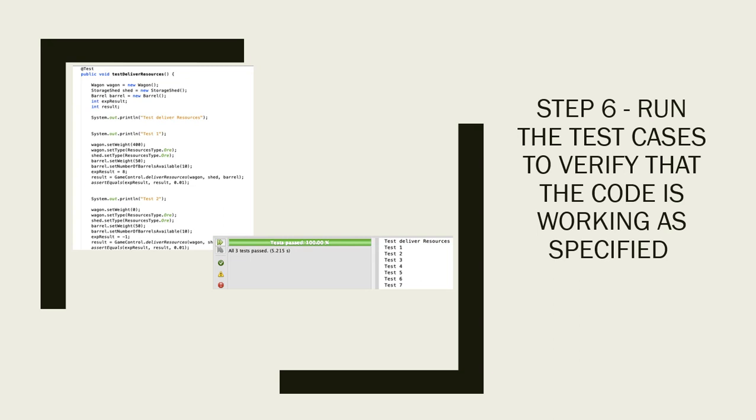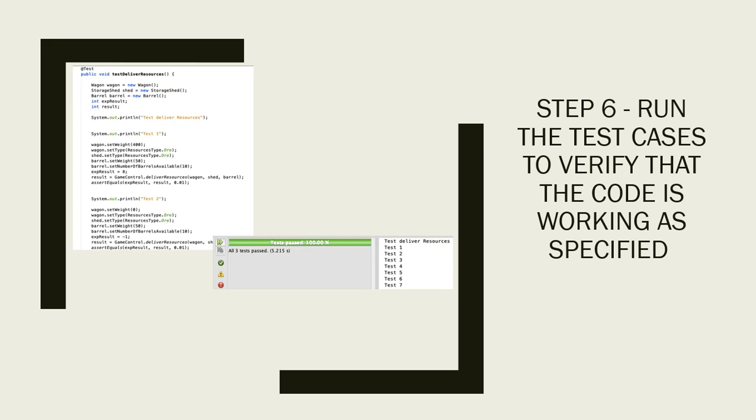And in the picture on the right, you can see the attributes, and we're setting the values into them, and we're using the method assert equals to compare the expected result to the real result and the precision of the result.